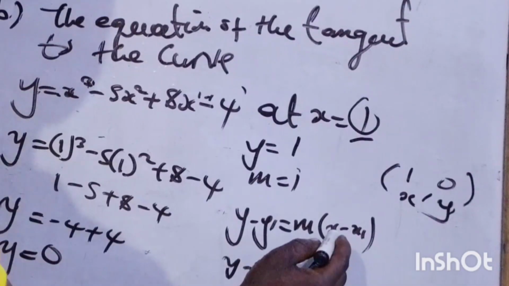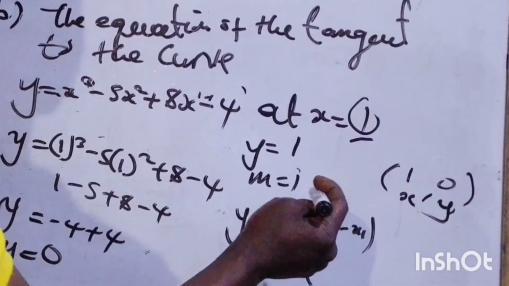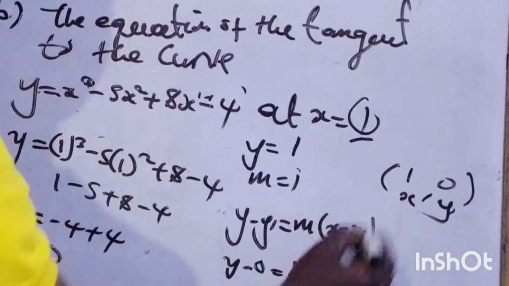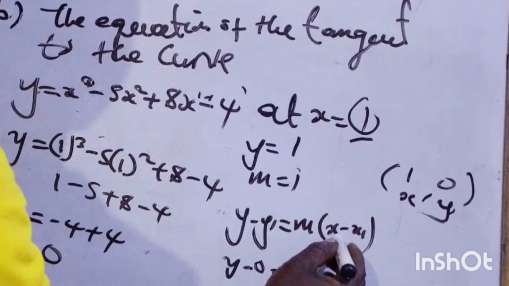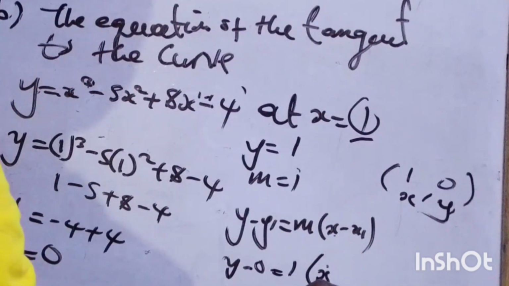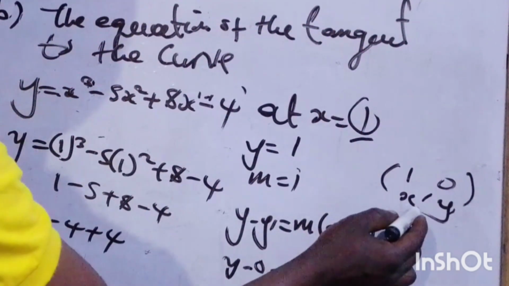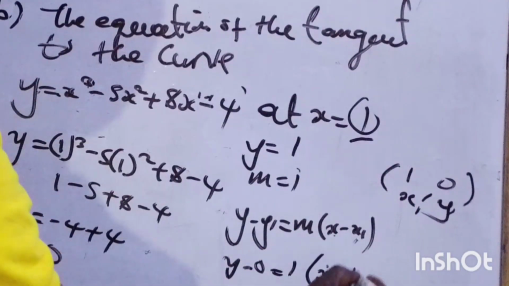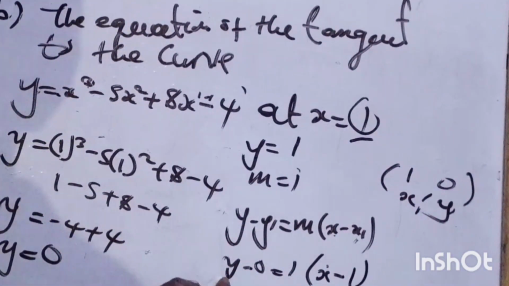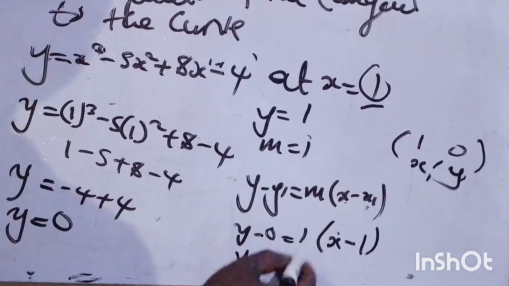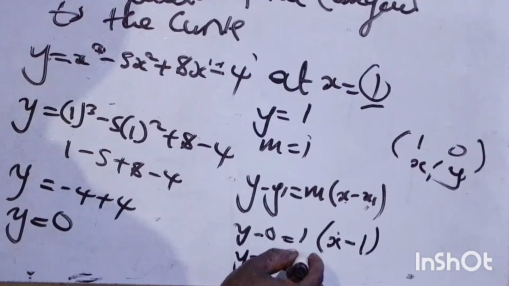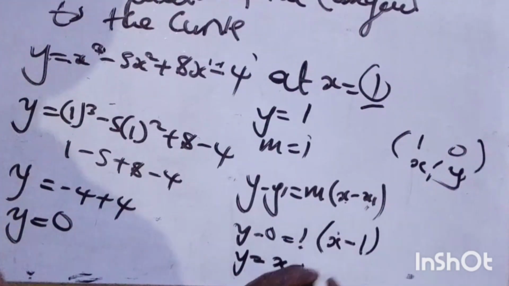Then open bracket x, remember that we have 1, or this x will remain as x, minus x1, it is 1. So here you remain with y equals 1 times x, you're going to have x, minus 1 times minus 1, you're going to have 1. So this is the equation which they were looking for.